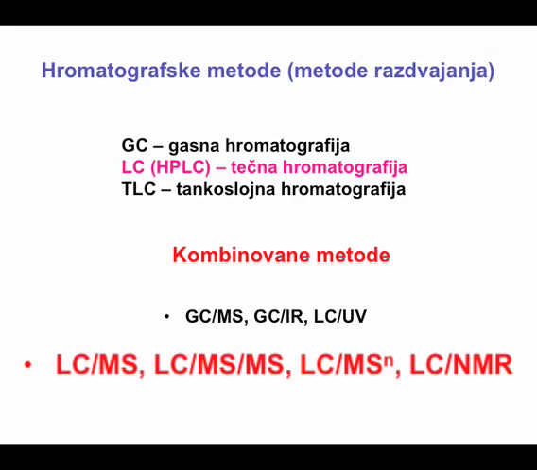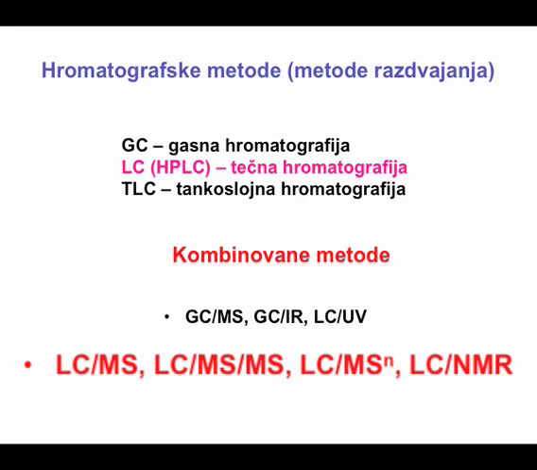They can be combined with all the chromatographies. In establishing these drugs and metabolites in biological matrix, we have to use combinations of mostly LC-MS, LC-MSn, and LC-NMR.